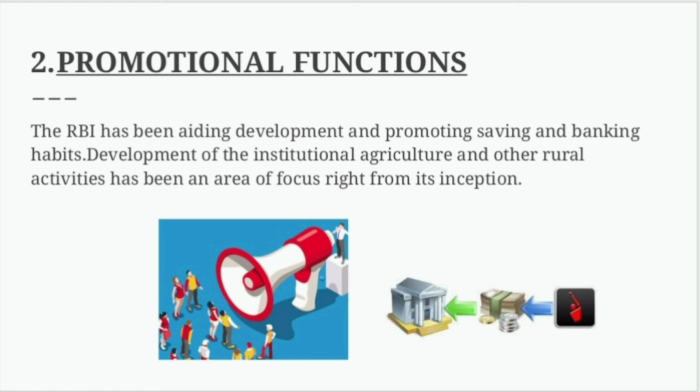These are a few attempts by which RBI tries to take the banking sector to rural and semi-urban areas also. So that brings an end to our discussion on the functions of Reserve Bank of India. Thank you.